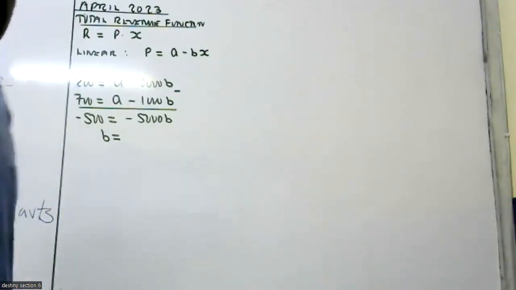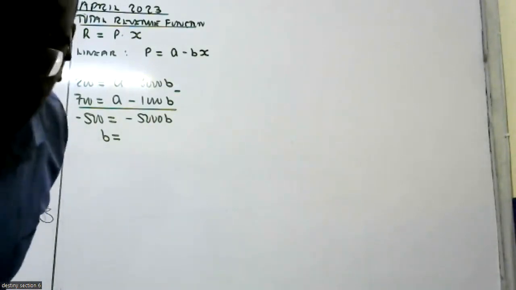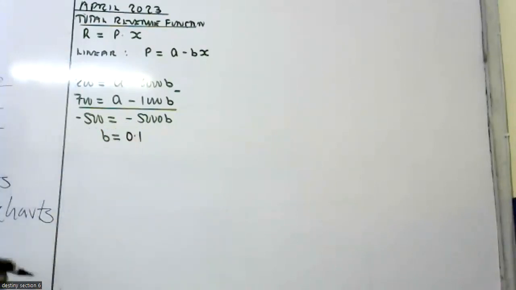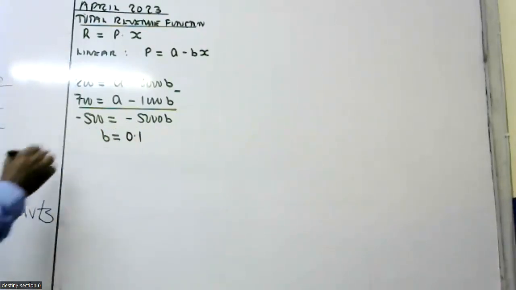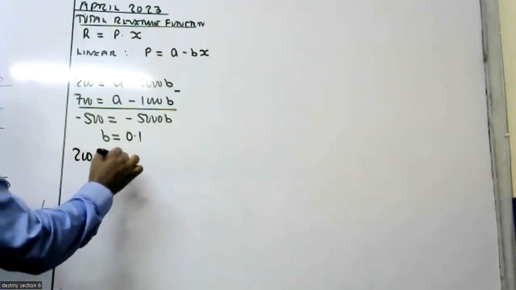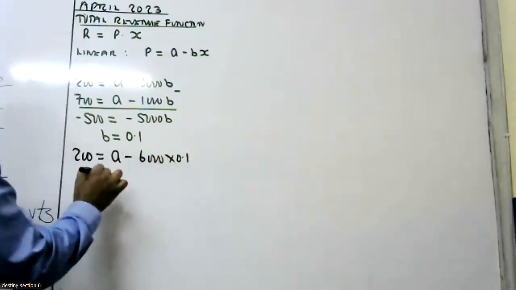So B is what? Yes, 0.1. So if it is 0.1, you say 200 is equal to A minus 6,000 times 0.1.